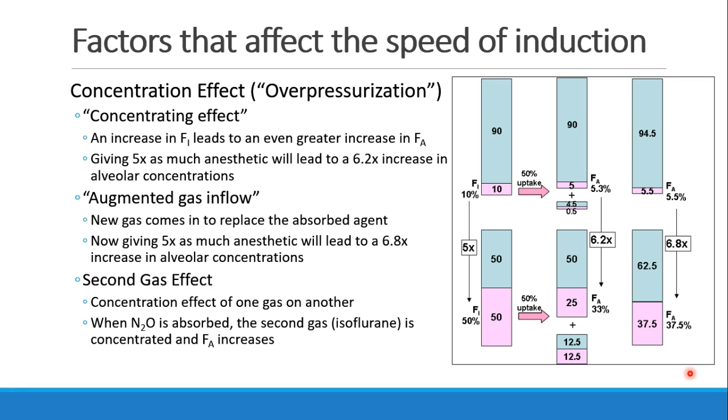The second gas effect basically uses this model of a concentration effect of one anesthetic agent on a second anesthetic agent. So for example, if a patient is given nitrous oxide and a volatile anesthetic, the nitrous is absorbed so fast that the second gas, like isoflurane, gets concentrated, and that helps push the gas into the body by increasing FA.